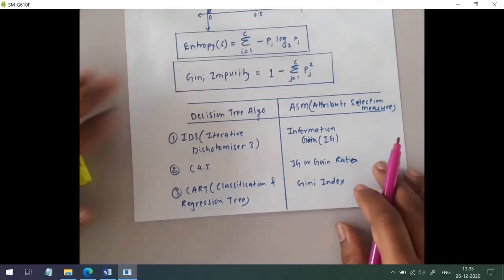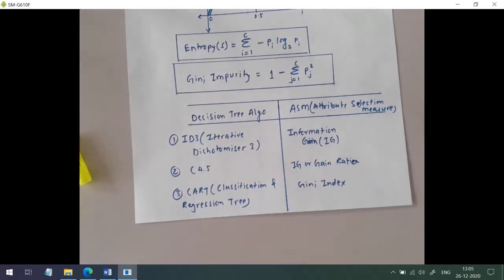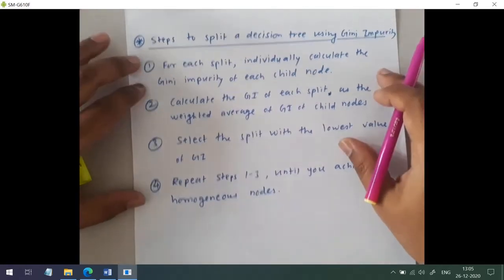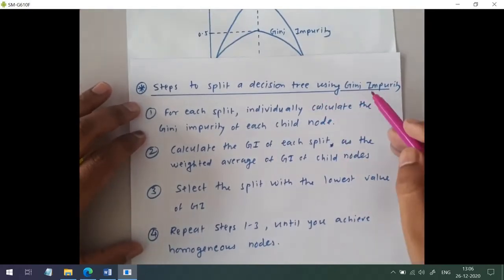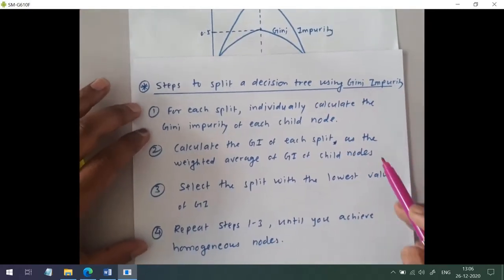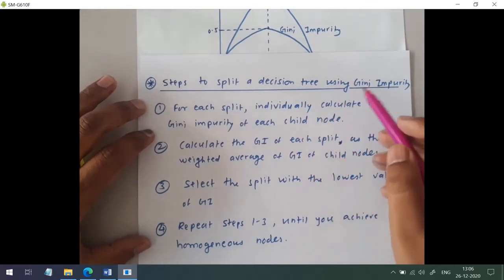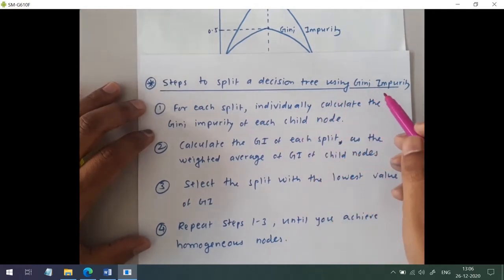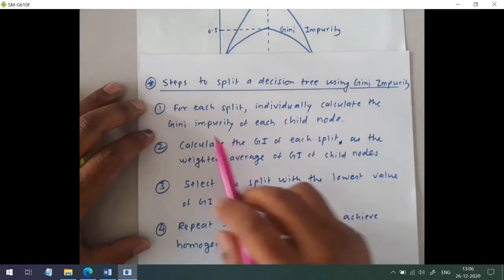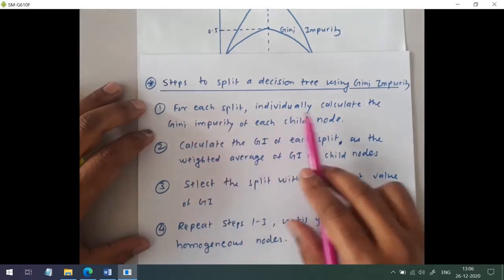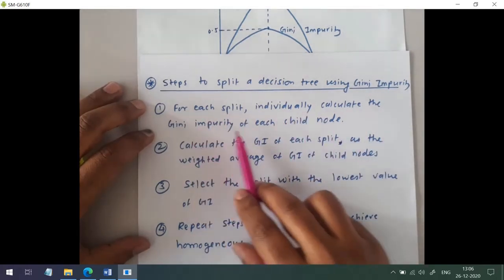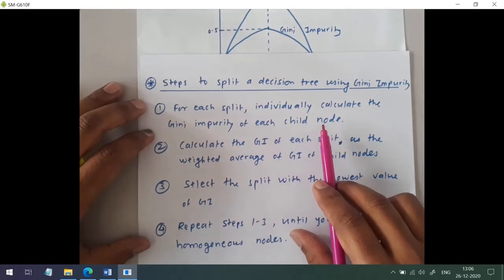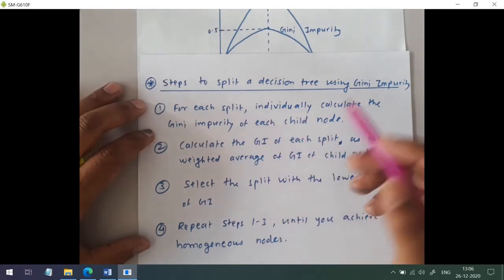Let us see the steps involved to split a decision tree using Gini impurity score. We calculate the Gini impurity score or Gini index for each attribute. For each split, individually calculate the Gini impurity of each child node, similar to what we did in the previous class.